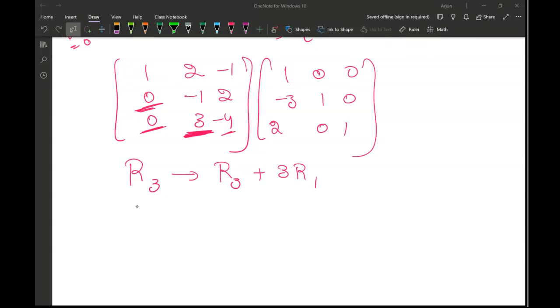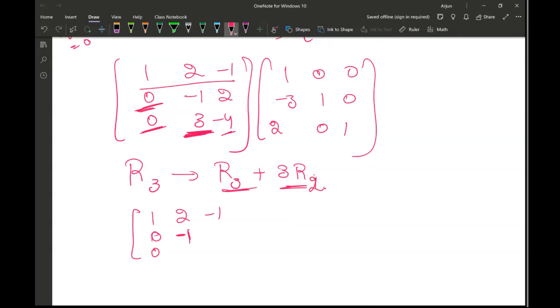Okay, so this will become 1 2 minus 1. The first row will remain the same, and this is 0 0 and minus 1, because R3 plus 3R2. Well, not 3R1, I guess.